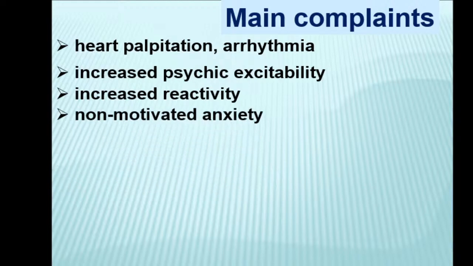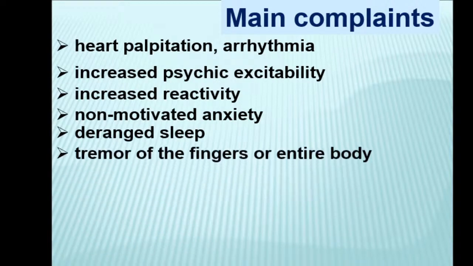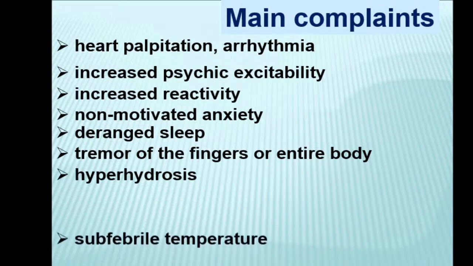The patient feels unmotivated anxiety. As a result, sleep is deranged. Maybe tremor, first of all on the fingers, and then the entire body. The patient is predisposed to sweating, hyperhidrosis.